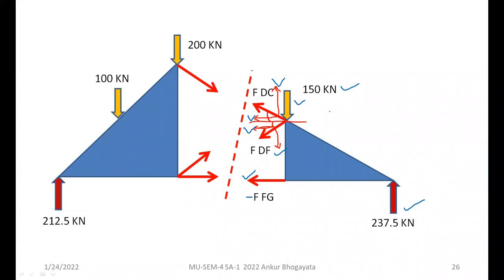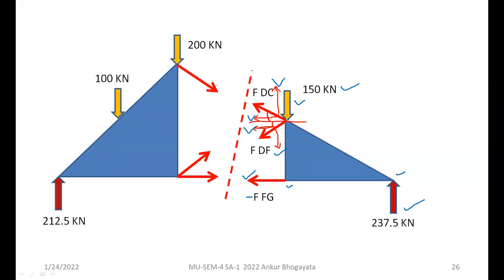So keep them aside, and try getting the third condition into the picture. That is sigma M equals to 0. And it will be a wise decision that if you want to avoid unknowns in your equation, do not try taking the moments at other places like here and here.